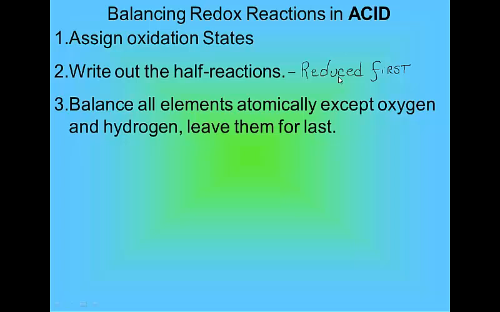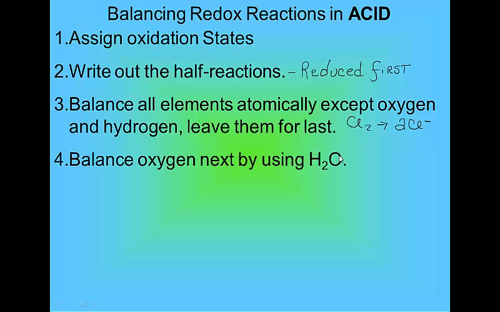Balance all the elements atomically except oxygen and hydrogen. Leave them for last. Meaning if you have two chlorides here, then you have to put a 2 in front of this one. Don't forget this step. It's going to mess you up if you forget it.